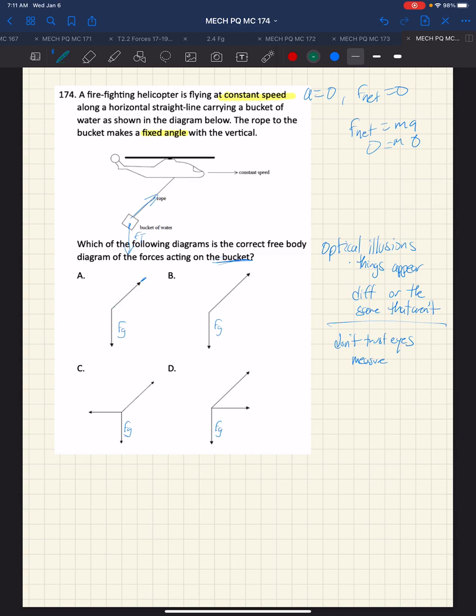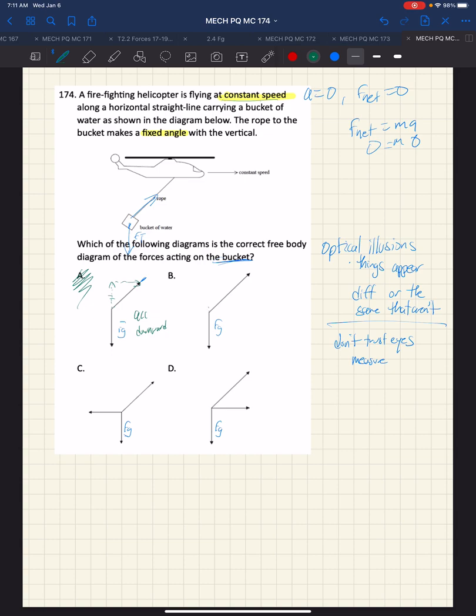If we draw the components of this vector now, it becomes a little bit easier to see that these two are not equal and opposite to each other, which means that this would accelerate downward. We're told it's constant speed and the angle stays the same. So this can't possibly be true because this one says it will accelerate downward.